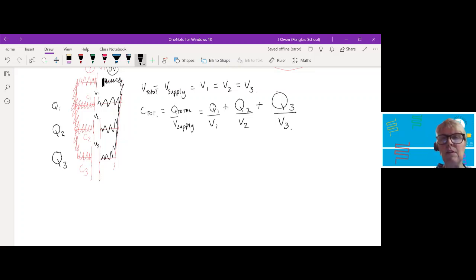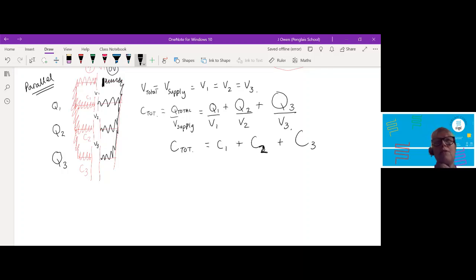So C total equals, in a parallel arrangement, as we have here, where all the capacitors are in parallel with one another, the C total is given by the capacitance of plate 1 plus the capacitance of plate 2 plus the capacitance of plate 3.